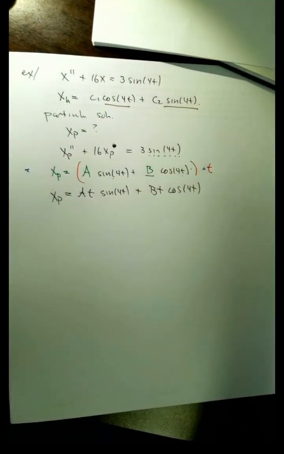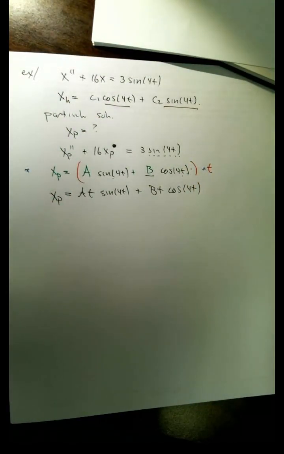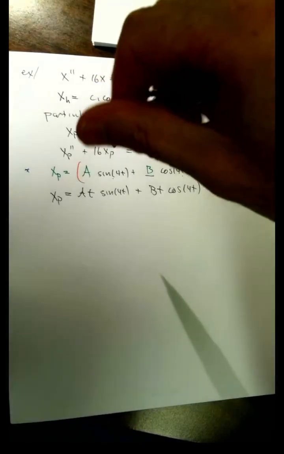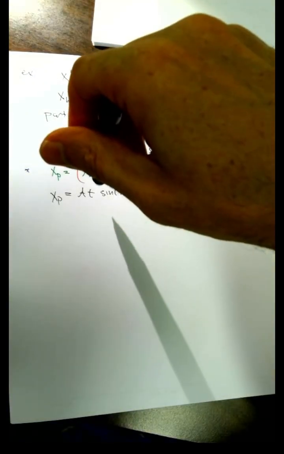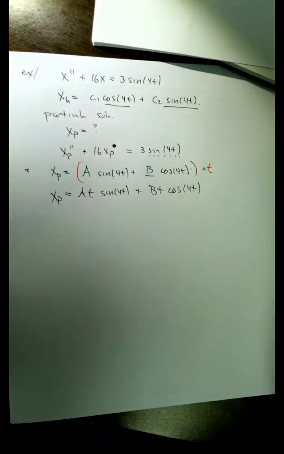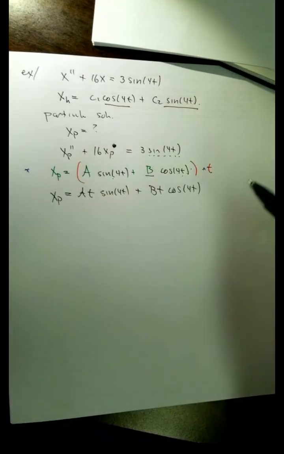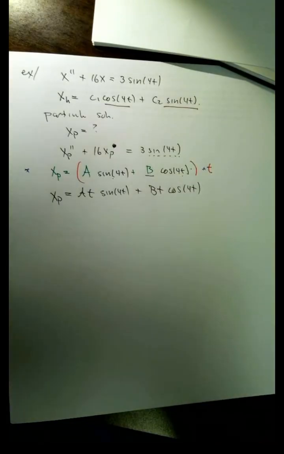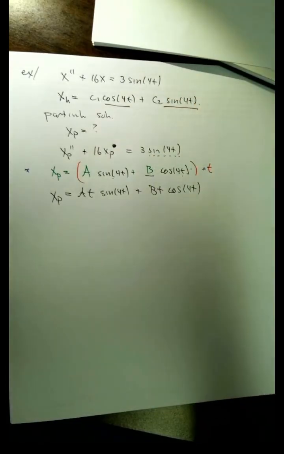And I'm going to take derivatives of this and plug it in. And because of the product rule, I know I'm going to end up with terms that look like t times sine and t times cosine. If those do not cancel out, that means I made a mistake somewhere. In the end, I should only end up with cosines and sines.